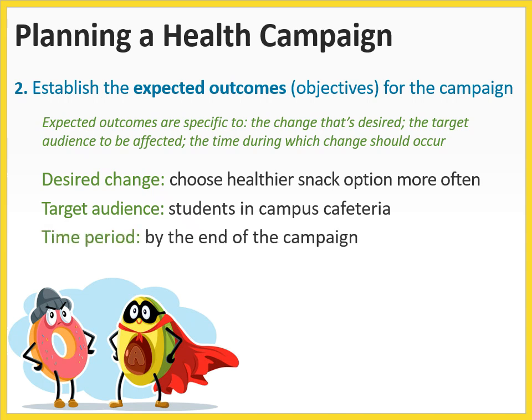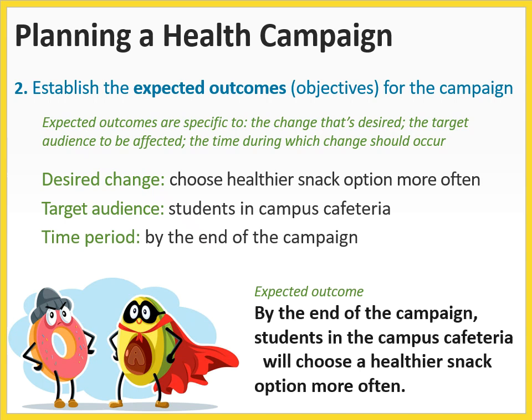And the time period for the change might be by the end of the campaign. Overall, then, our expected outcome would be this. By the end of the campaign, students in the campus cafeteria will choose a healthy snack more often. This is a standard way to write an expected outcome, so please make sure you know this. It could be helpful on the first exam.